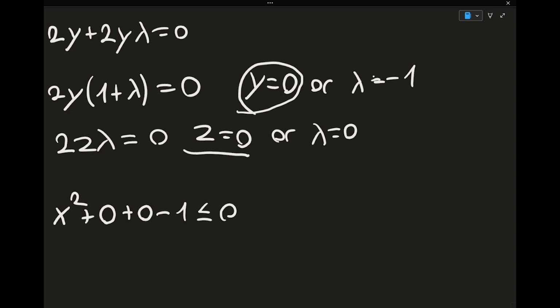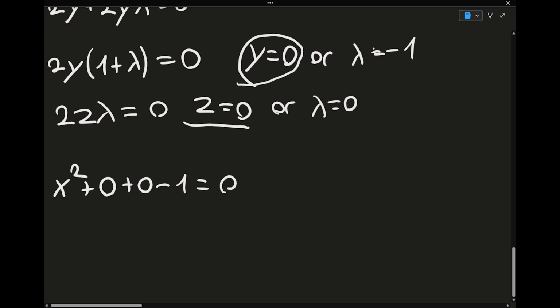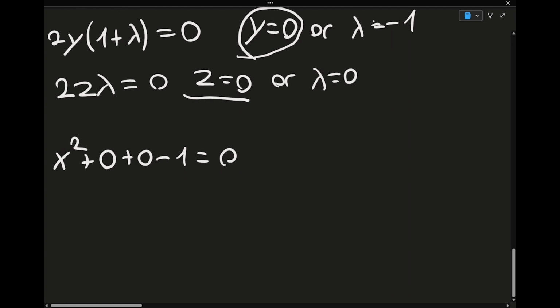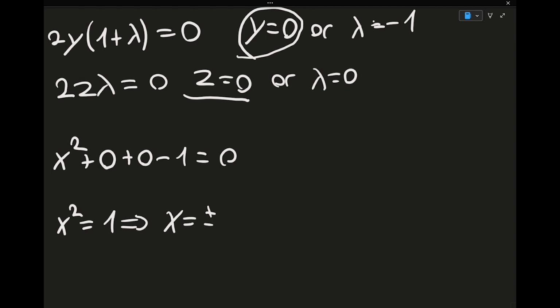For now, we want the maximum and the minimum, so we will just say they need to equal 0. So x squared needs to be 1. And this is true if x is equal to plus or minus 1.